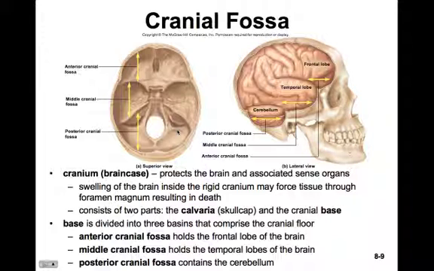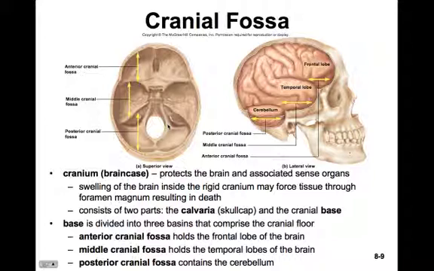The brain case itself, these 8 bones, is there to protect the brain and the associated sense organs. If the brain swells inside this rigid cranium, it may force tissue through this foramen magnum, which is a very large hole. Foramen, hole, magnum, very big. And that can result in death.